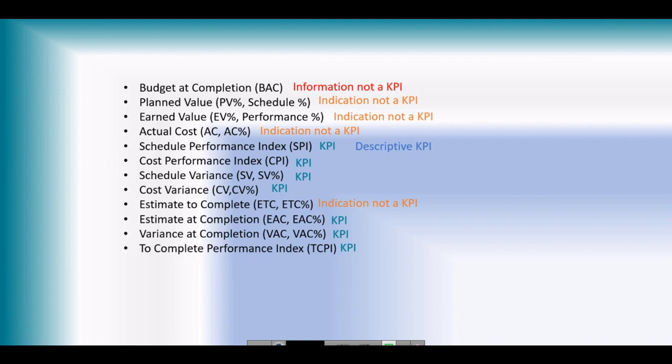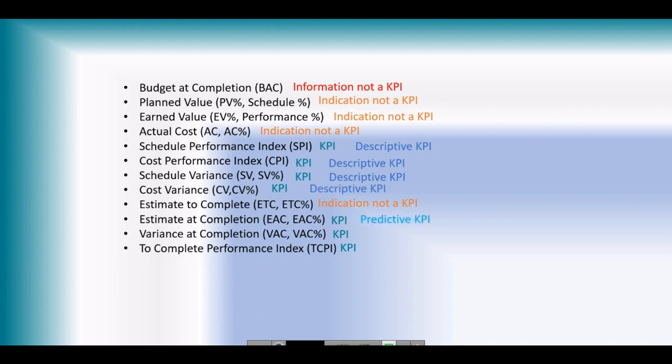So this is a descriptive KPI, it tells me about the past. SPI is descriptive, which tells you that an SPI of 0.85 means you are so far 15% behind schedule. Cost performance is also descriptive. Schedule variance tells me what has happened in the past.